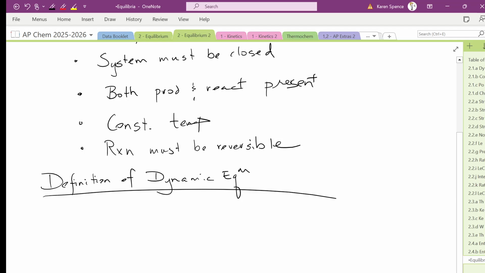Dynamic equilibrium is like the cartoon. And you're trying to balance out. There were 3 things from that video.